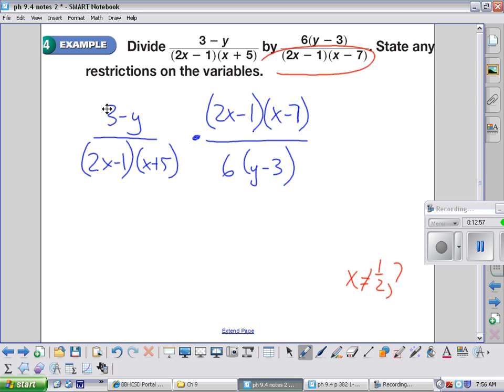Okay? All right? So now we get to do a couple other quick little features here. This 3 minus y and this y minus 3 are pretty close. What I can do, and this is perfectly legal, rewrite this as minus 1 times y minus 3 here. Basically change these signs here so I can cancel. Okay? Everything else stays the same.